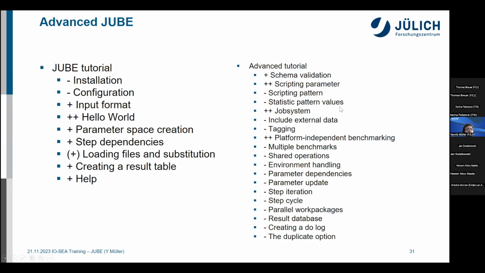Then statistic pattern values is something I don't have slides for. I just want to quickly say what it is, so you know it is there, and then you can check the tutorial, and I think the tutorial is absolutely self-explanatory here. So we have done the pattern extraction where you have only a pattern appearing a single time. But you might want to have something different.